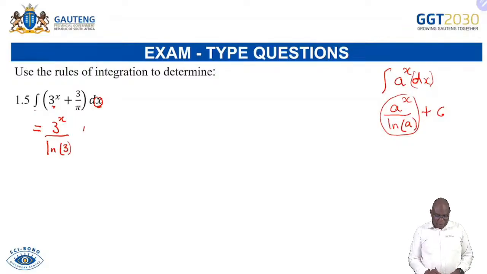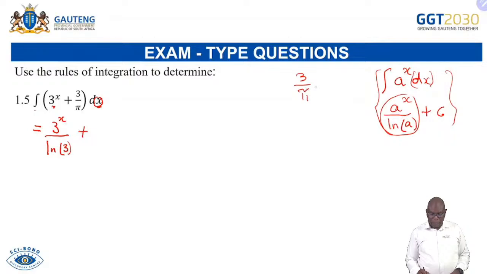Now, plus. Remember here there is an x. Please, there is an x. If I've got 3 over pi, this one will be the same as x to the power of 0. There is an x. In any constant, there's an x, but that x is raised to the power of 0. Which means that I'll have 3 over pi x to the power of 0, then plus 1.